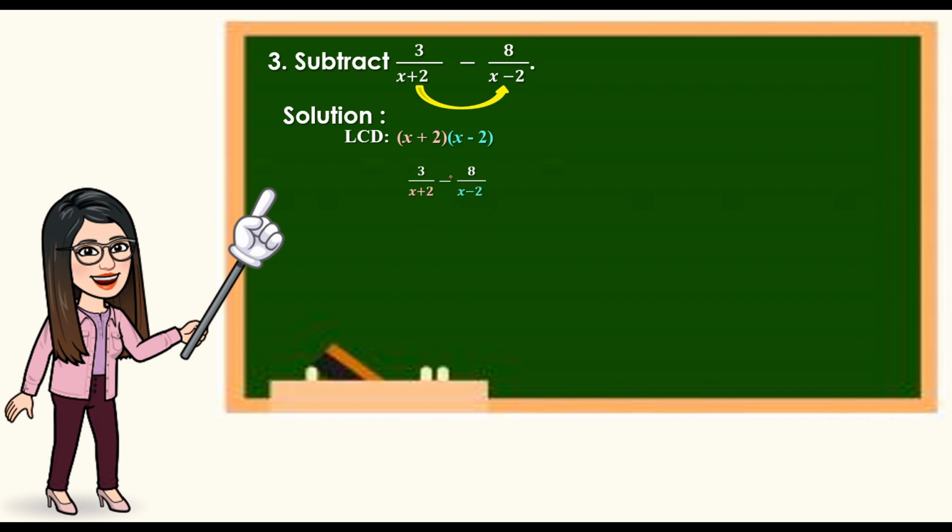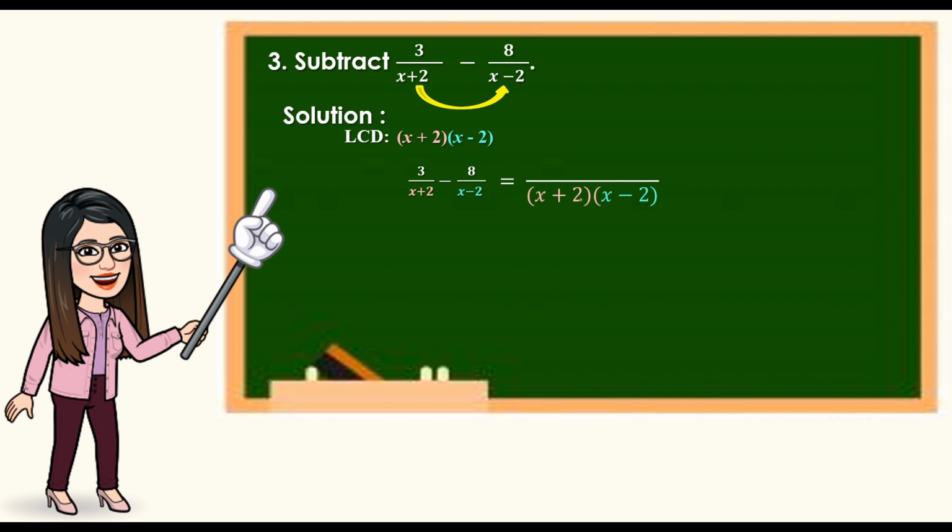So we have 3 over x plus 2 minus 8 all over x minus 2 equals. We write the LCD, which is the quantity of x plus 2 times the quantity of x minus 2. Again, same procedure as in adding similar fractions.